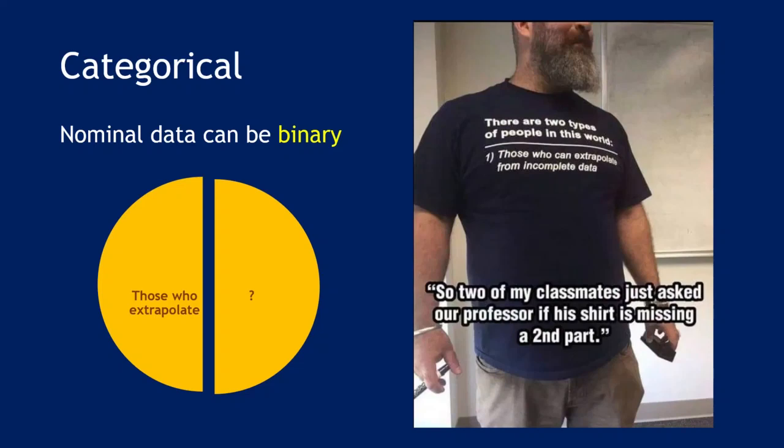Well, why is this funny or silly? It's because you really probably belong in that second category, which is those who cannot extrapolate from incomplete data, right? So this just shows you that if you have a binary variable, there are only two categories: those who can extrapolate, and the other half, which is basically the opposite, those who cannot extrapolate.